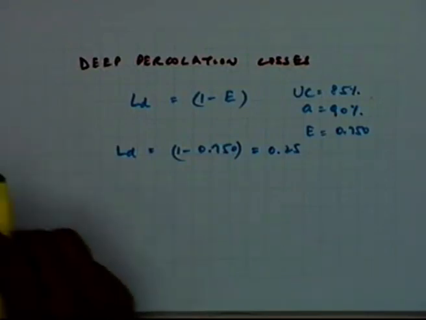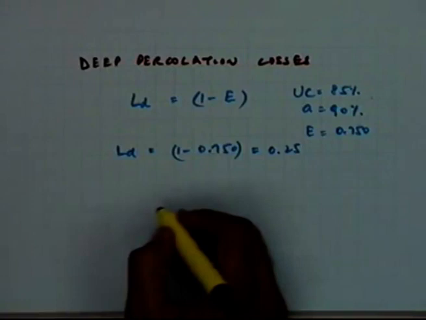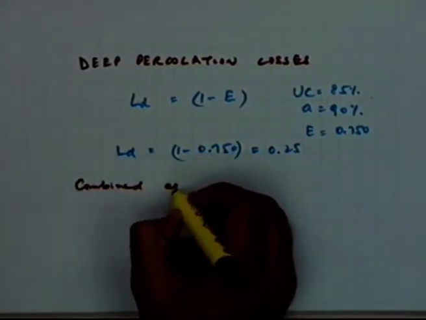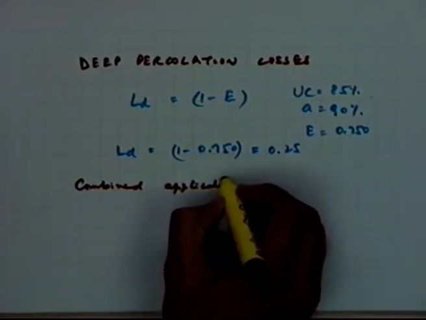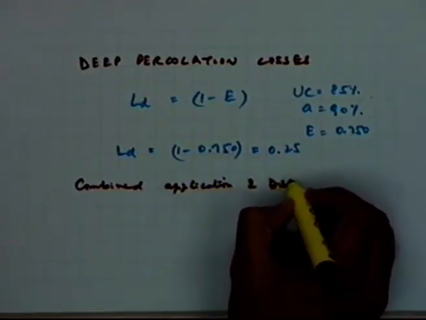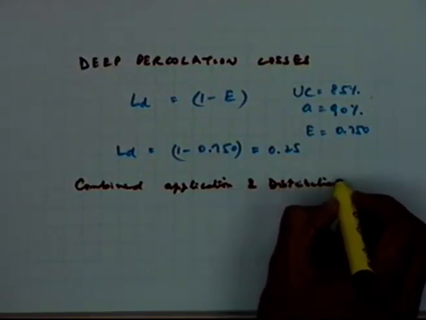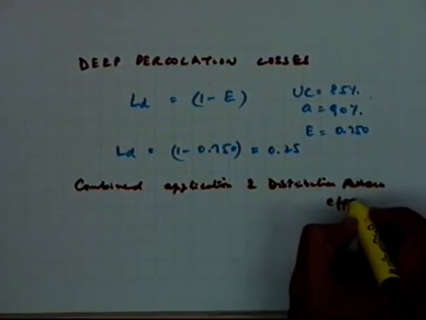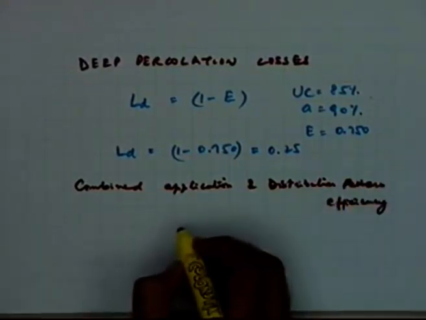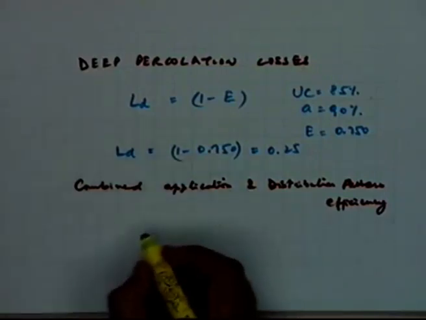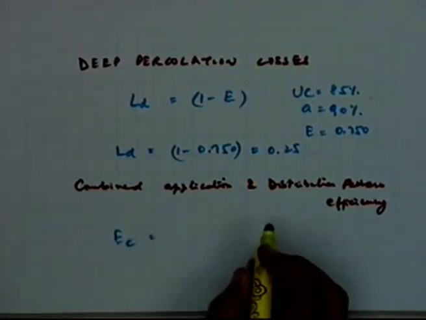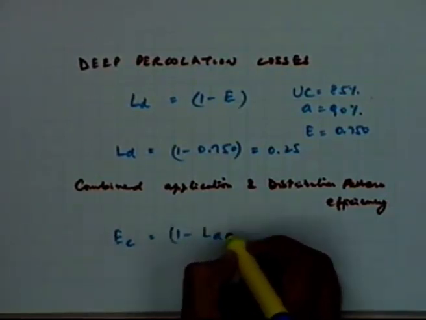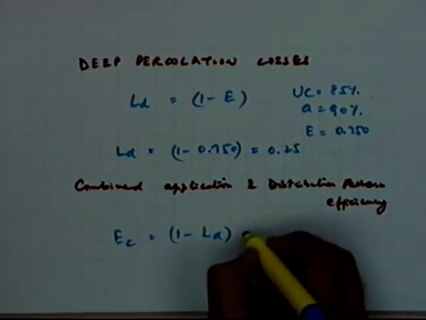Now, knowing these two losses, you can find out the overall efficiency of the combined application and distribution pattern efficiency. If we say the combined efficiency, it is 1 minus LD, expressed in fraction.